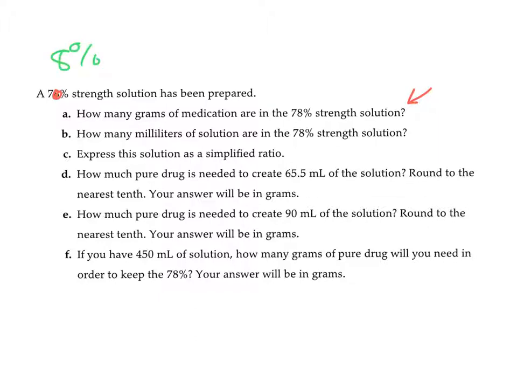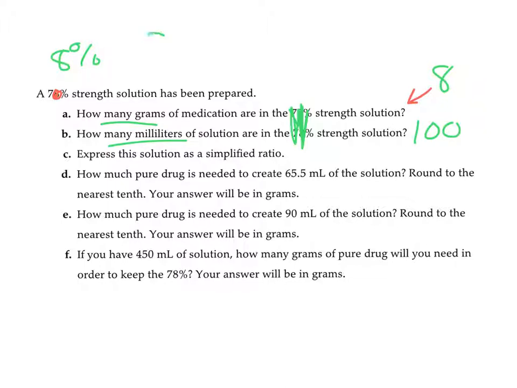So imagining that, then the answer to letter A would be 8. Letter B would still be 100, right? Because the first two questions there, how many grams and how many milliliters, are just in this percent strength solution. Again, we're imagining that it's an 8% solution. That's based on that definition of what we know about this.